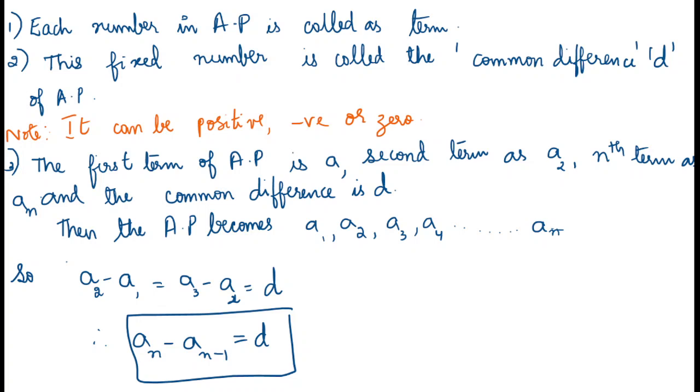Next we'll see the types of AP. There are two types of AP: one is finite AP and the other one is infinite AP.